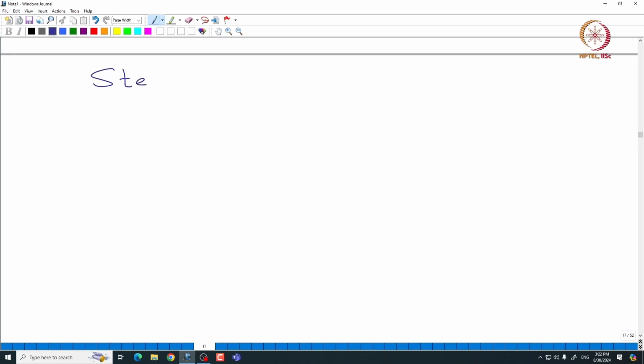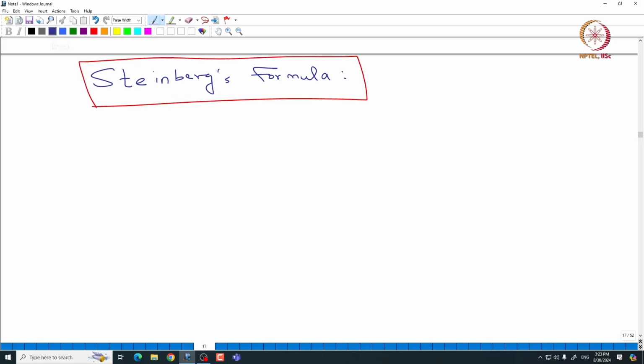So recall what Steinberg's formula is. It gives the number of times V lambda occurs inside the tensor product V lambda 1 tensor V lambda 2. So it gives a very explicit formula for that multiplicity. Let us write it down.